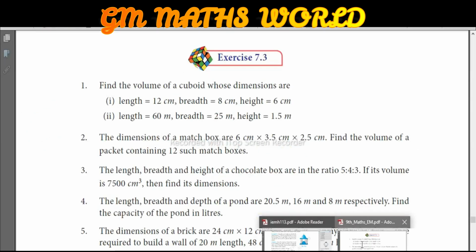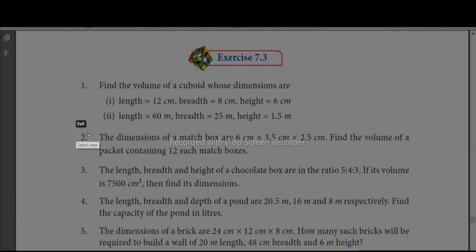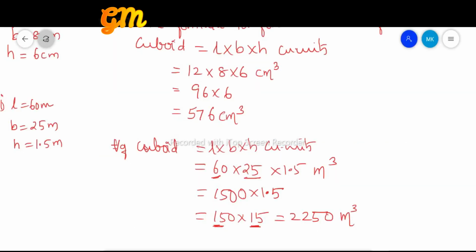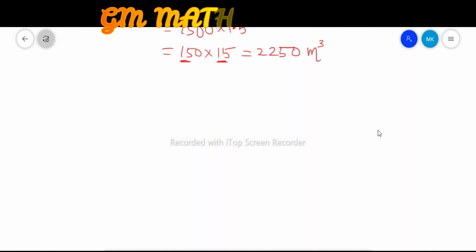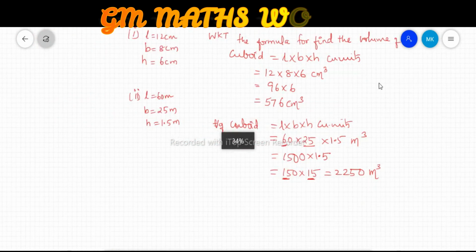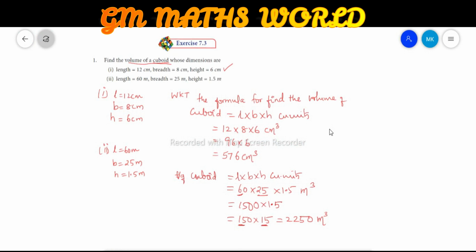Now we will take the second problem and we will solve. You can note down this problem. Let us reduce this one, and now you can write it down, you can take a screenshot, and you can write afterwards anything you can do.